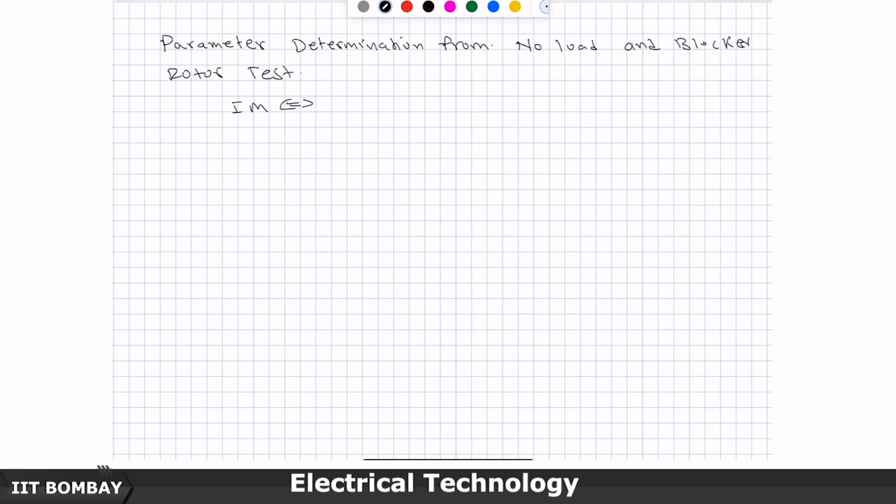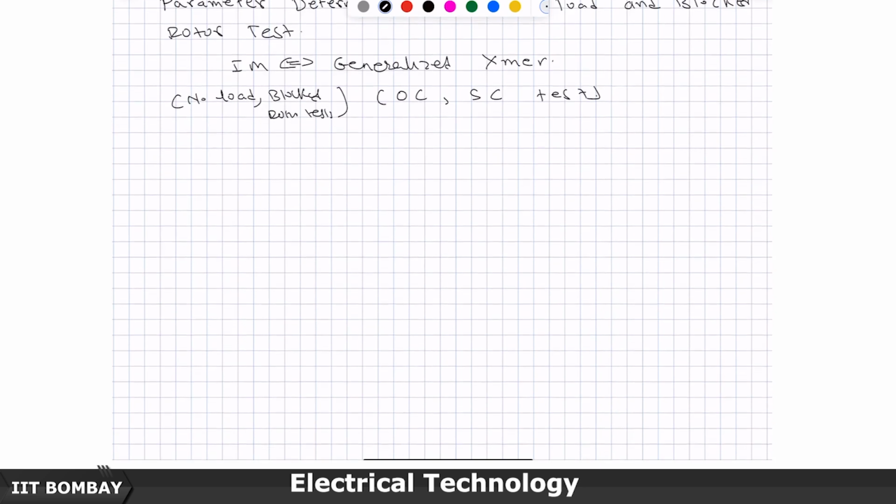We usually equate it with a generalized transformer. For a transformer we had open circuit and short circuit tests. The corresponding versions here are no load and blocked rotor. So, these are the corresponding two tests.